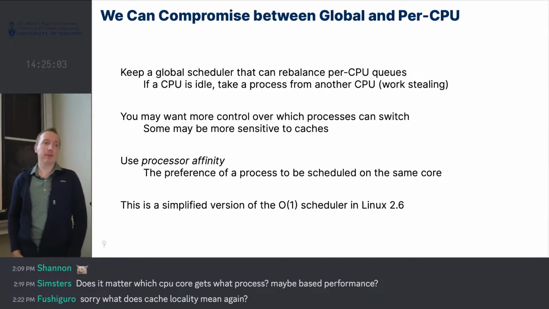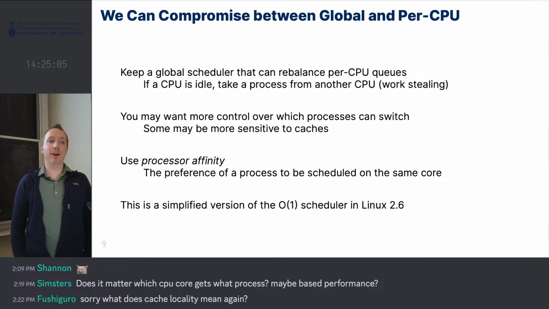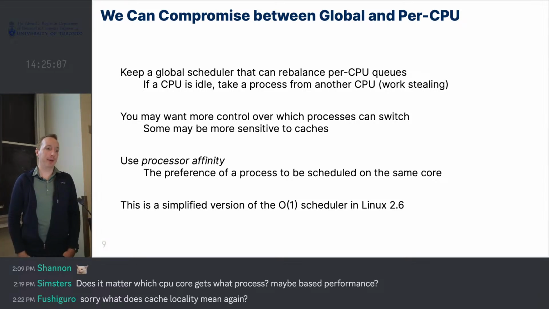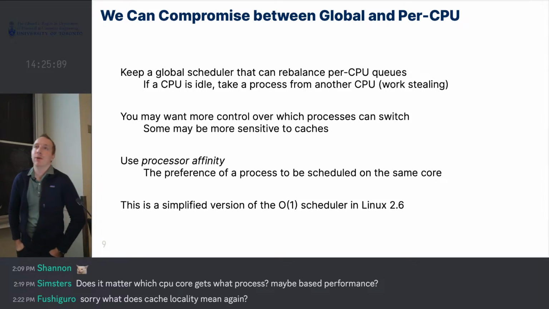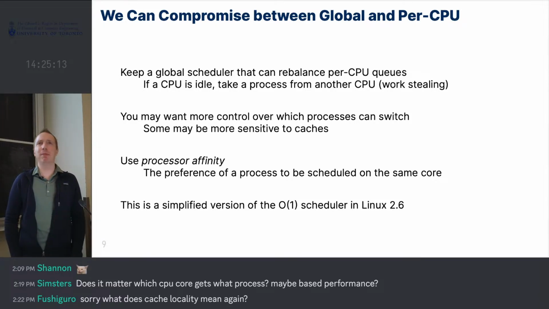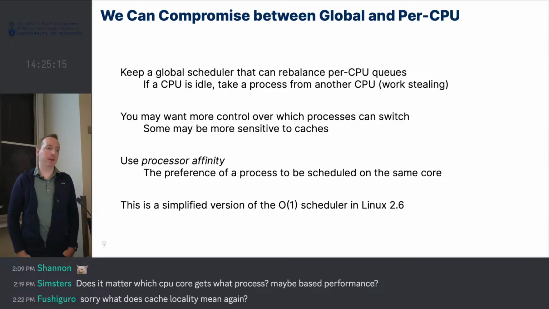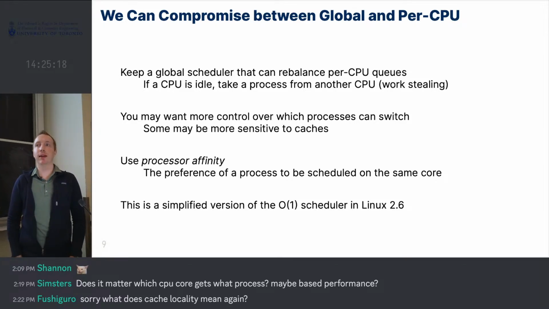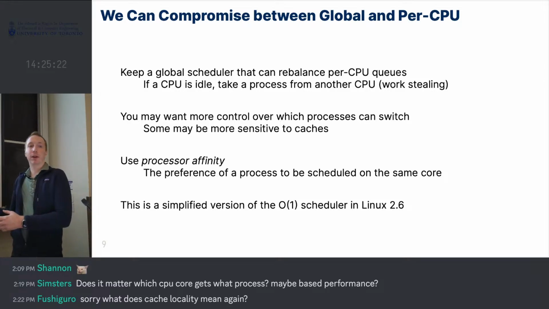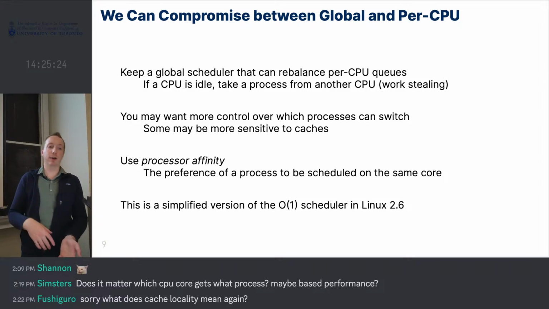So what you could do is have a bit of a compromise. One thing we could imagine is that we might have a global scheduler that basically rebalances between CPU cores. If it notices that a CPU is currently idle, it could take a process from another CPU and put it on the idle CPU.